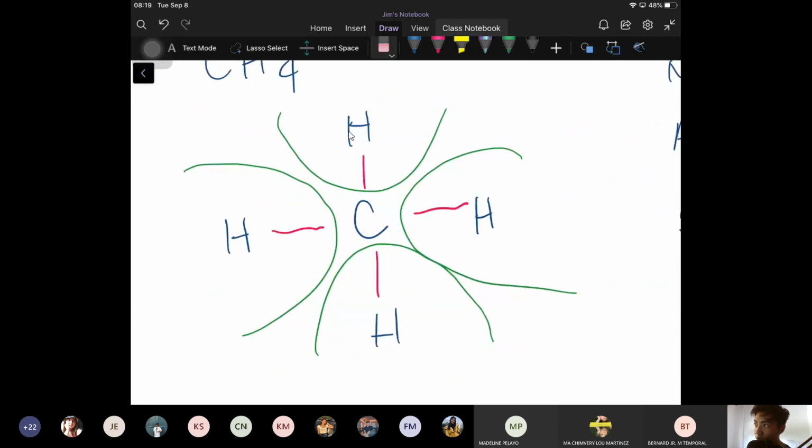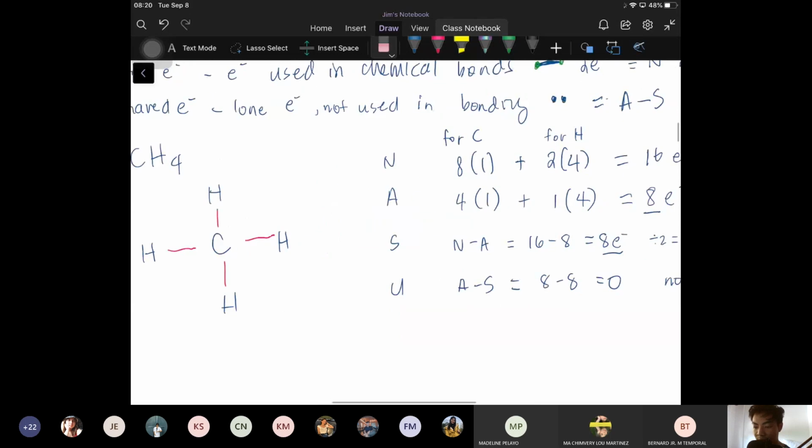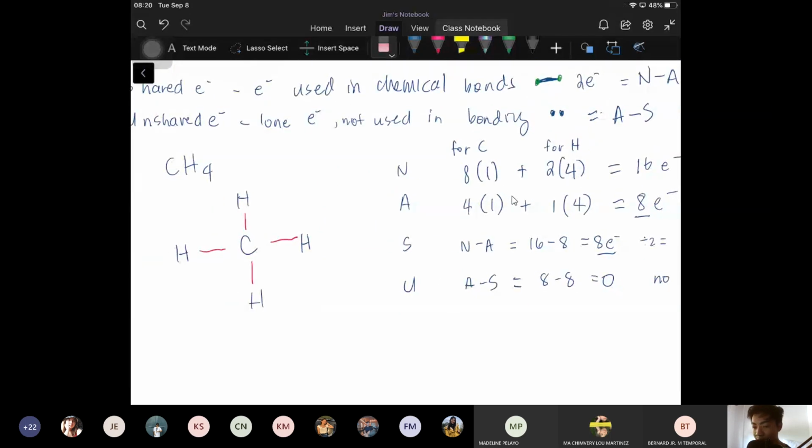Ito, satisfied na ba yung needed niya? Yes then, kasi may isang bond or may 2 electrons na nakapalibot sa kanya. For this hydrogen, 2 na rin. This hydrogen, 2 na rin. No? So, after confirming that we are following the needed electrons for each atom, that means okay na yung structure natin.